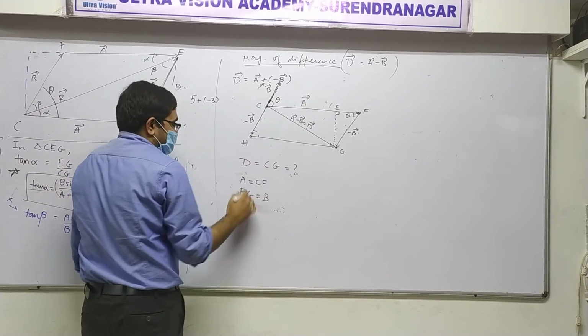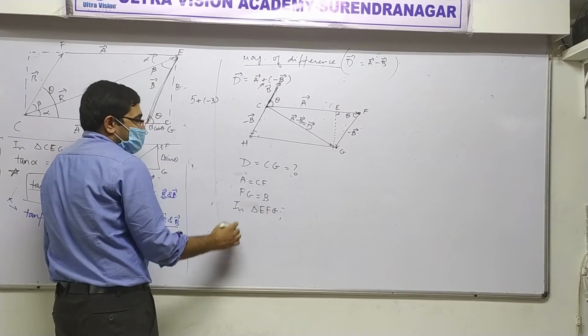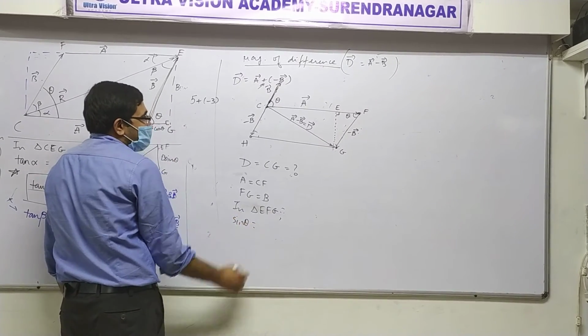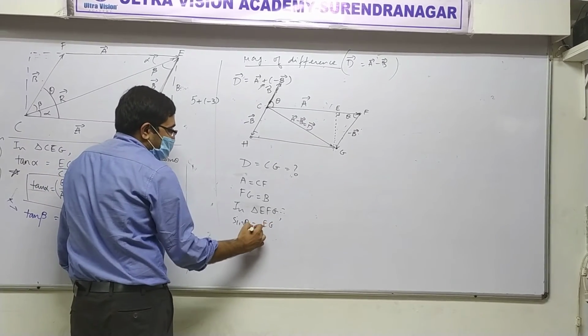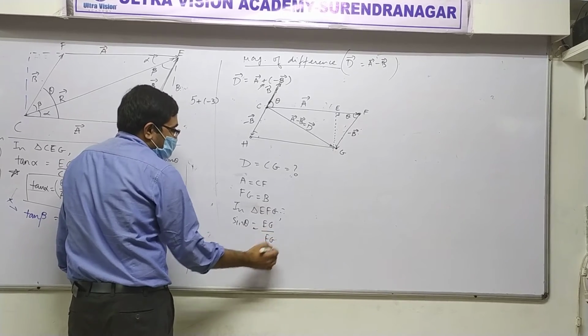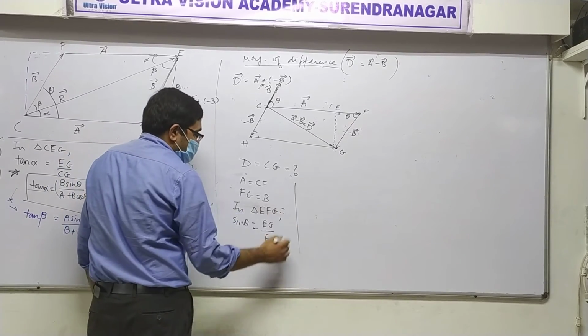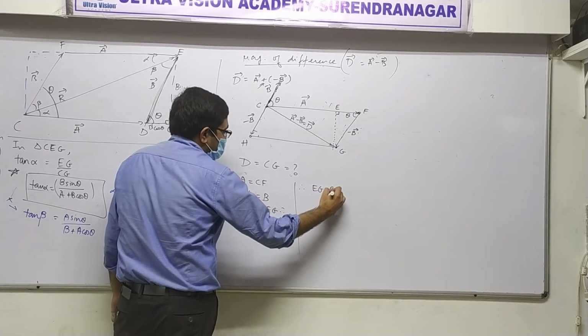Look at that inverted triangle, triangle EFG. What is sin theta? EG upon FG. FG is B. So EG is equal to B sin theta.